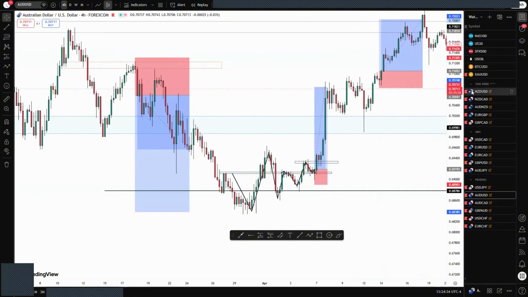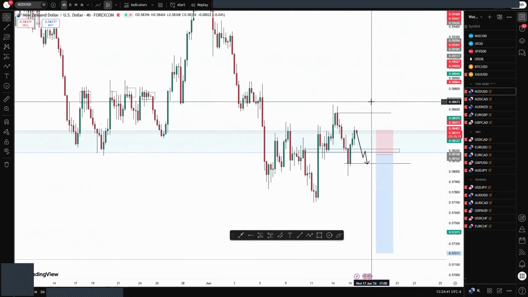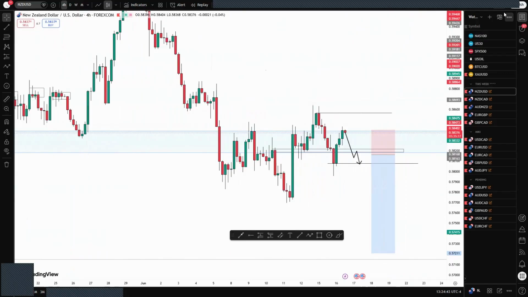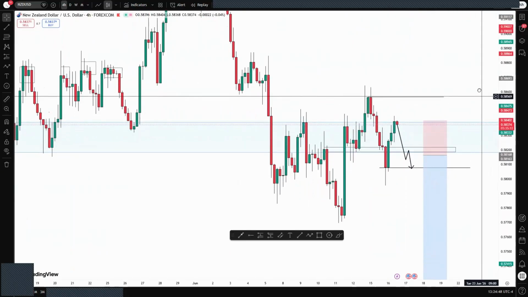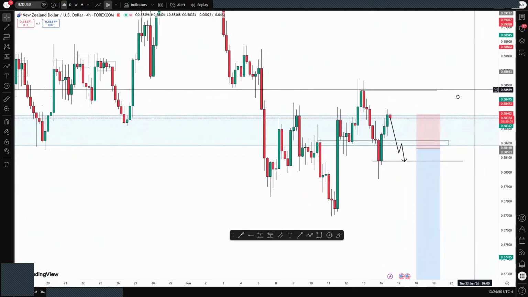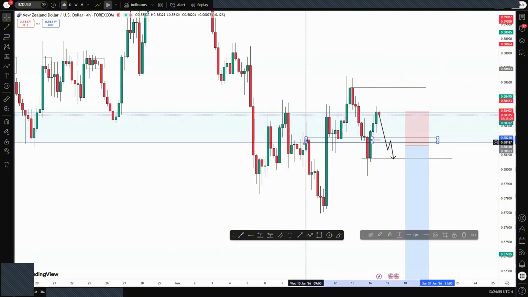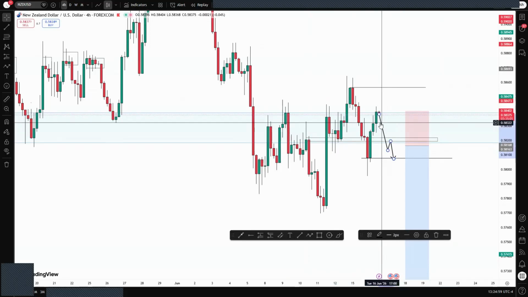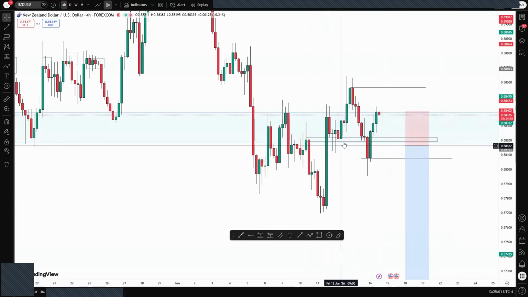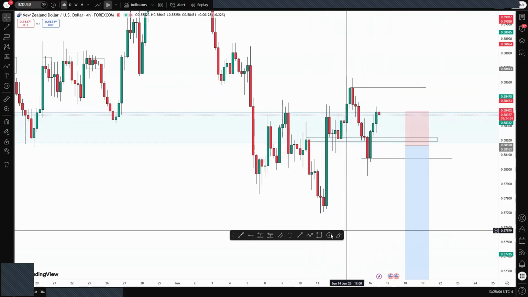So, NZD USD. You see? Because price has done the same thing. Now you can tell that price is on the inside, and it's covered this whole huge distance, you see?